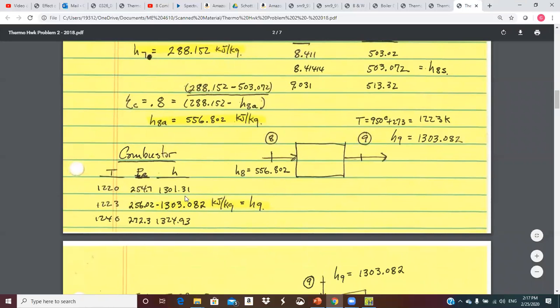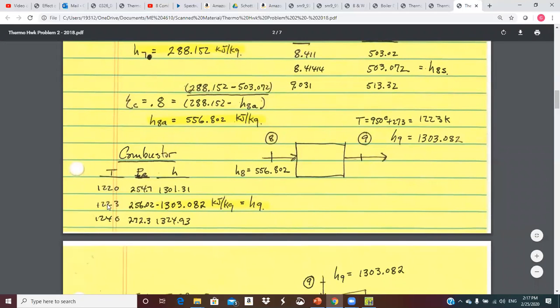So now we get to do the combustor. Well, the 556.8 is in, and here we're given a temperature; if you're given a temperature, then you just go find it in the ideal gas or air standard table. So it's 950 C plus 273 is 1223, and this is the interpolation.